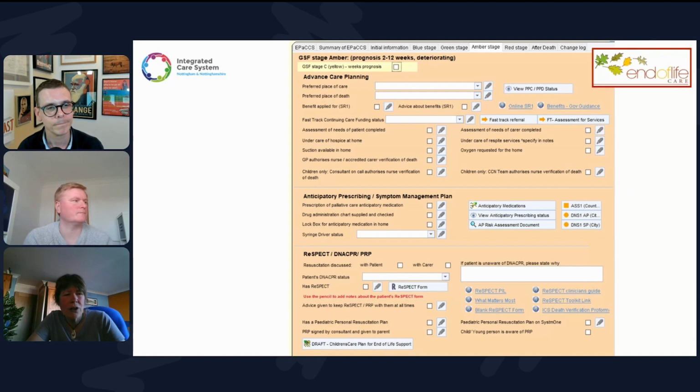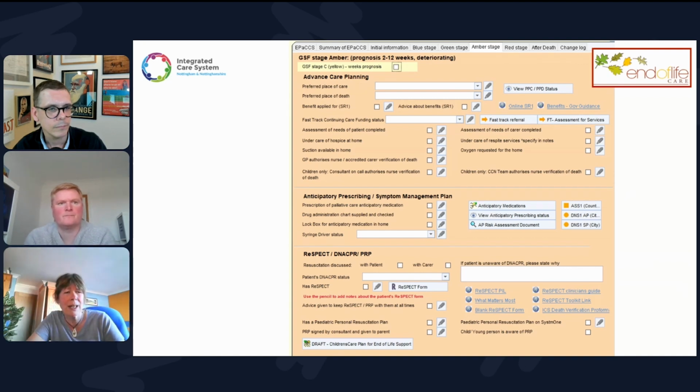So we've now got a patient who's actively deteriorating, and this is where we do need to remember to update the care plan, the EPaCCS tool particularly, maybe the respect plan, depending on what's on there. But with a change of gear, those two things should always be at the forefront of our minds.